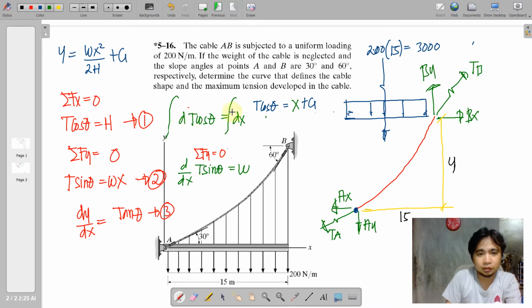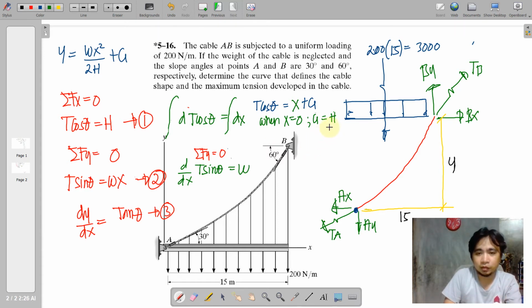So this d over dx here, cross multiply to this, so this is integrated as t cosine theta is equal to x plus c1.